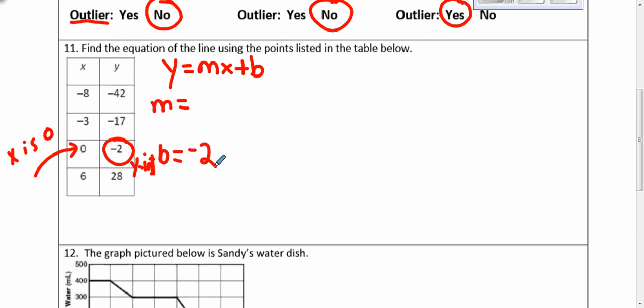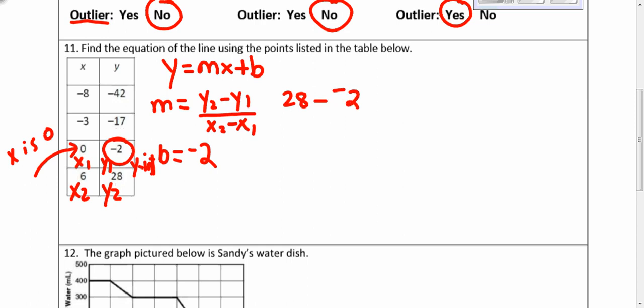To find the slope, you have to do x1, y1, x2, y2. And the formula for the slope is y2 minus y1 over x2 minus x1. y2 is 28 minus a negative 2, becomes positive.